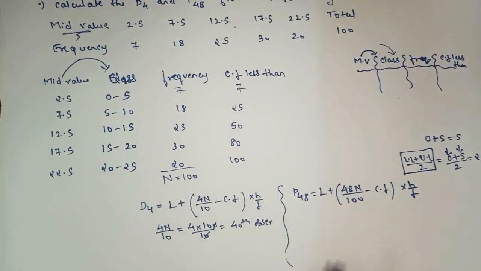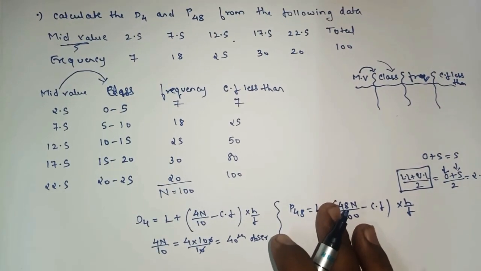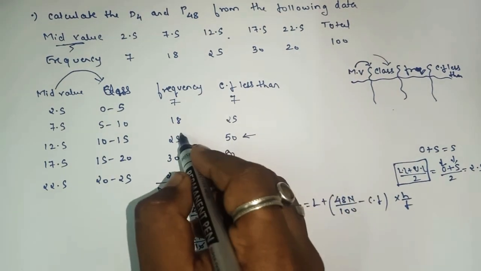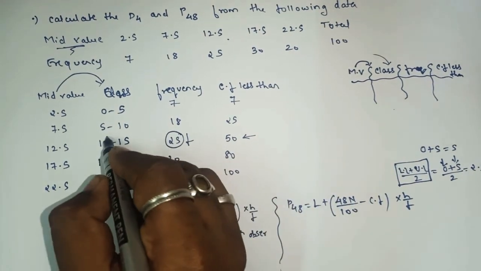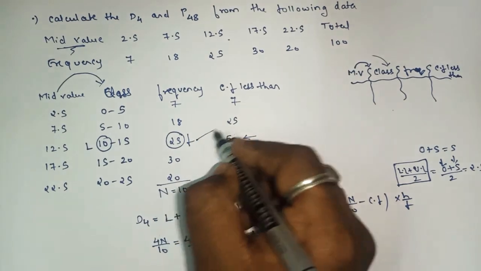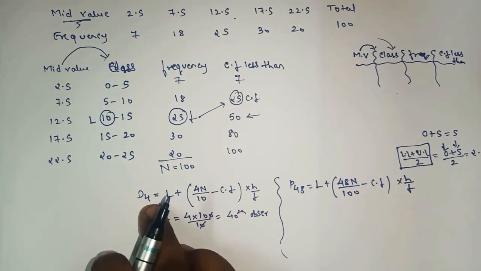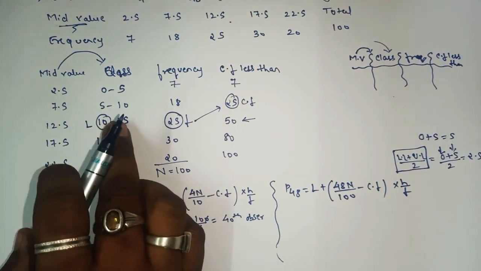Now we have to check where 40 lies. It lies in this row, so this will be F, this will be L, and the cross you will get CF. So for D4, the D4 class lies between 10 to 15.